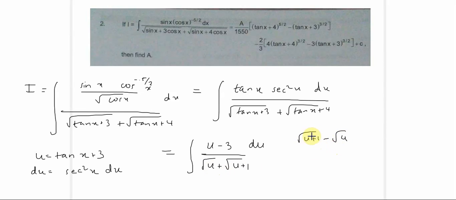is root u plus 1 square minus root u square, which is u plus 1. Okay, I'll write that down. Root u plus 1 plus root u times root u plus 1 minus root u.